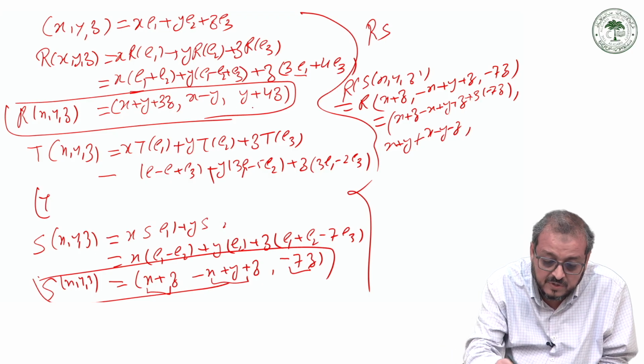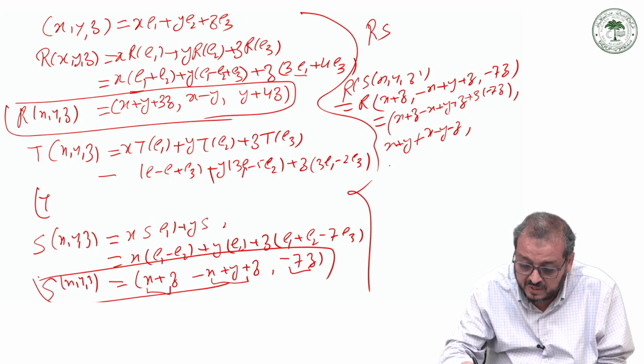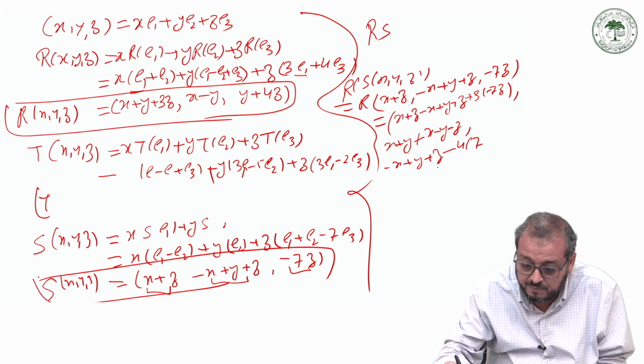This is the second term. Now we have the third term, x plus y, so minus x plus y plus z, plus 4 times minus 7 into z.